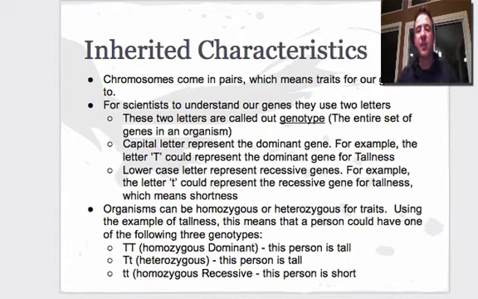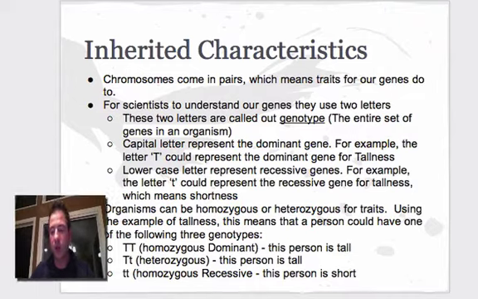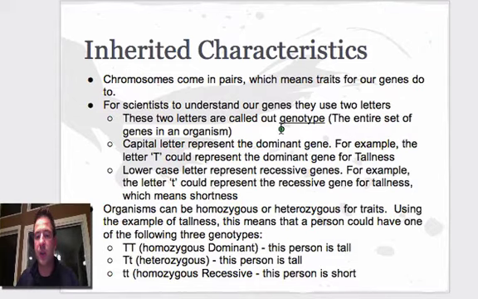But chromosomes come in pairs, which means that the traits for our genes do too. So if we have a pair of chromosomes, then we have a pair of traits. For scientists to understand our genes, they use 2 letters. Those letters in arrangement are what we call our genotype. The entire set of genes is an organism.